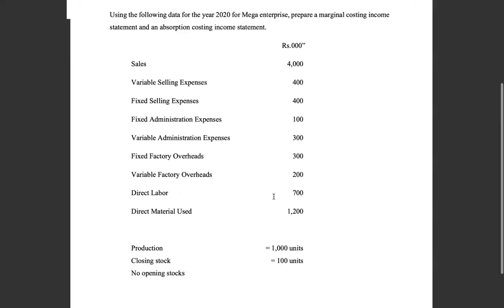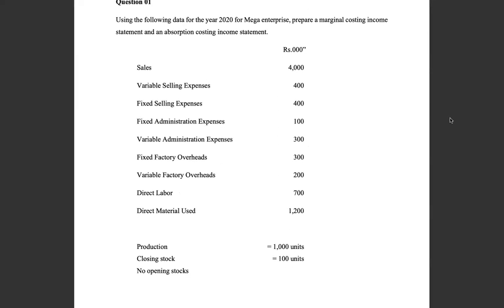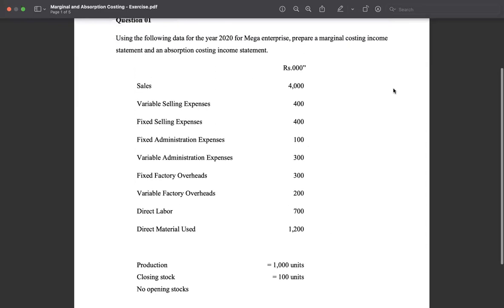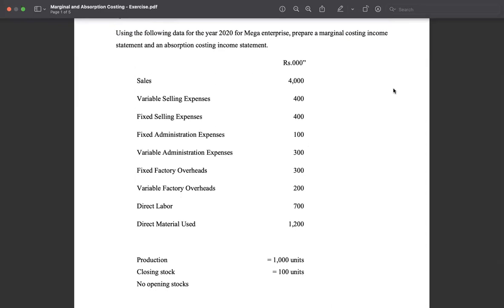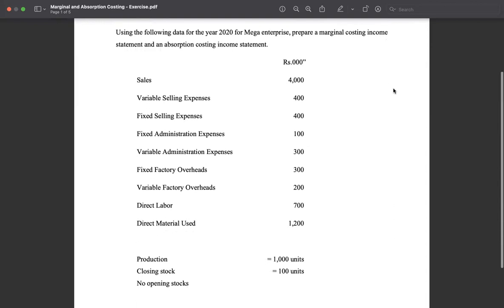I hope that most of you have done commerce during your O levels and A levels. So you all know what an income statement is, right? In an income statement, we show income and expenses.